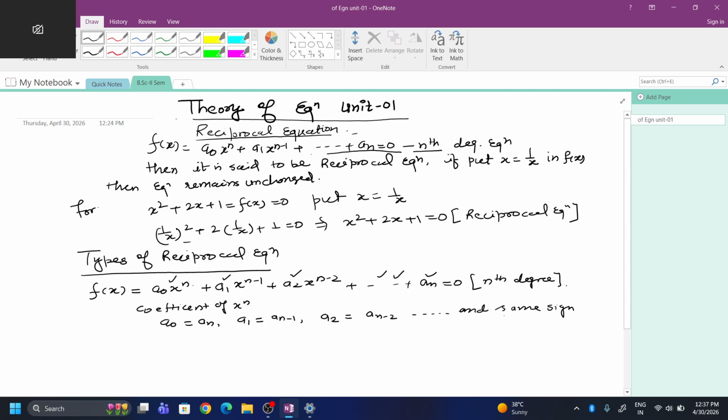In this case, it is called type 1 reciprocal.